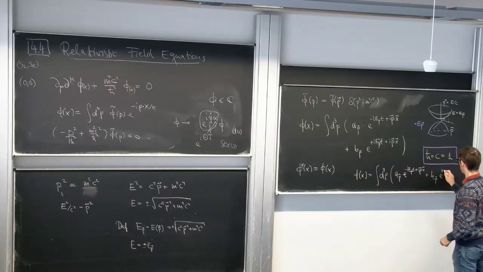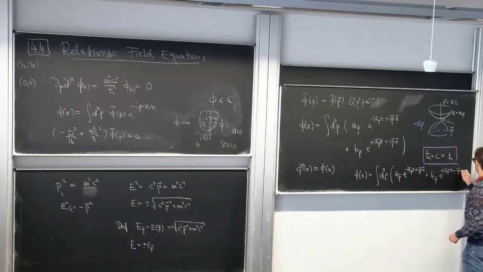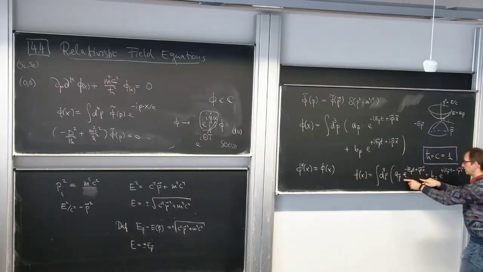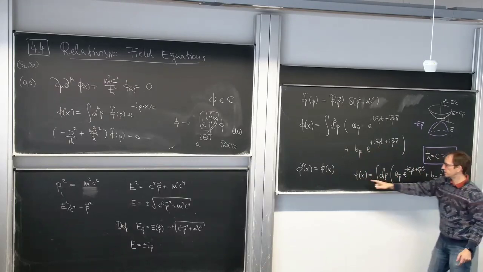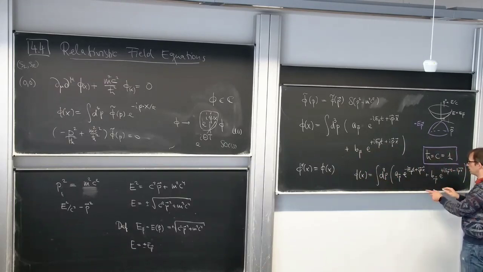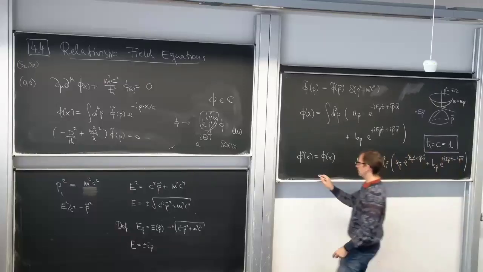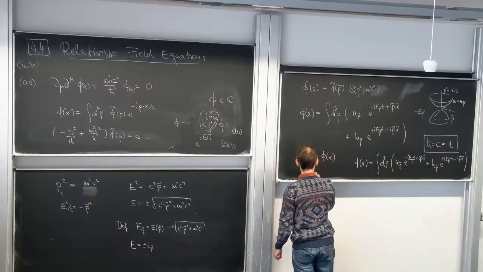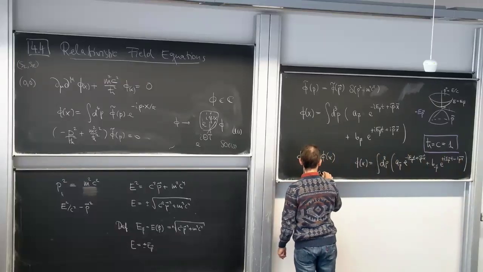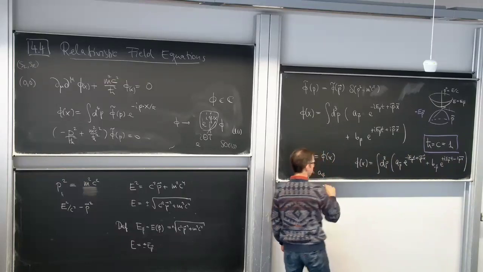Then I get e to the plus i p, minus i p back to x. And now this is the complex conjugate of this. And if this is a real field, this means that B of minus p star is A of p. So they are related, yes?